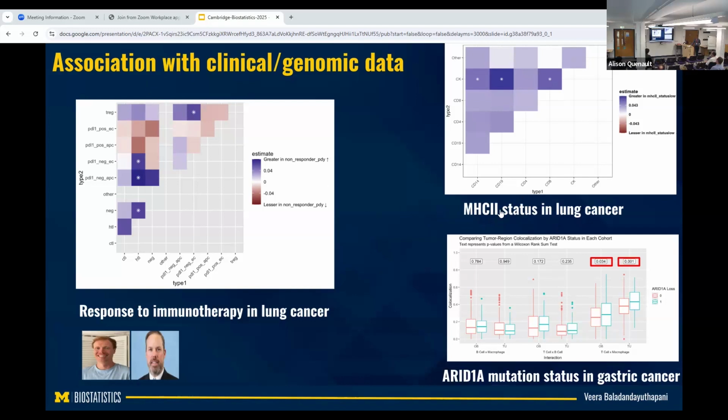So this is another one, MHCI status in lung cancer. The tumor immune interactions were significant. So it's not just for response, but other mutation status. This is actually a project where they wanted to use IHC to predict mutation.